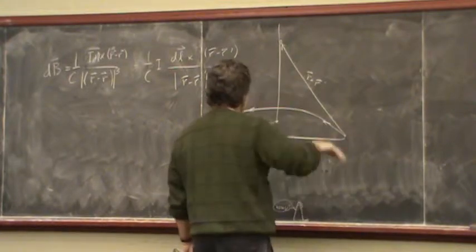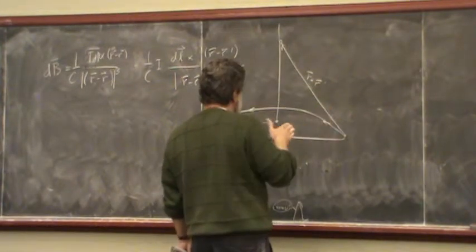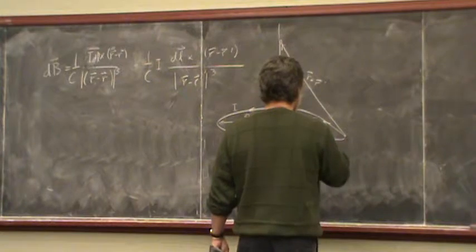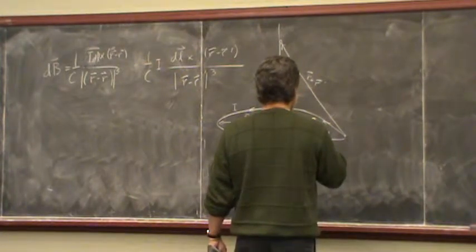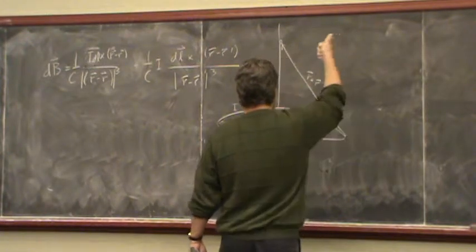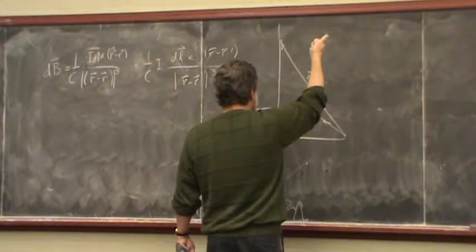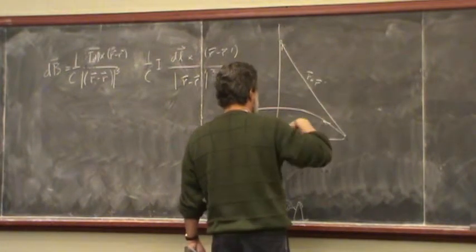What did I do wrong? No, that is right. At the top, it's that direction. Yes, I know, and that's the direction it should be, pointing that way. No, because then you'd lose the net.